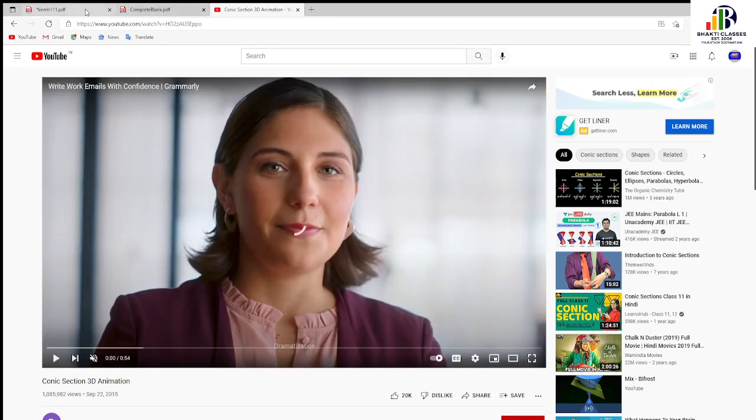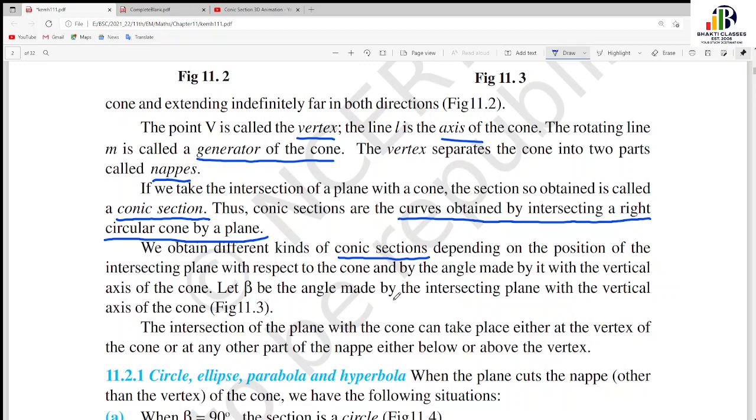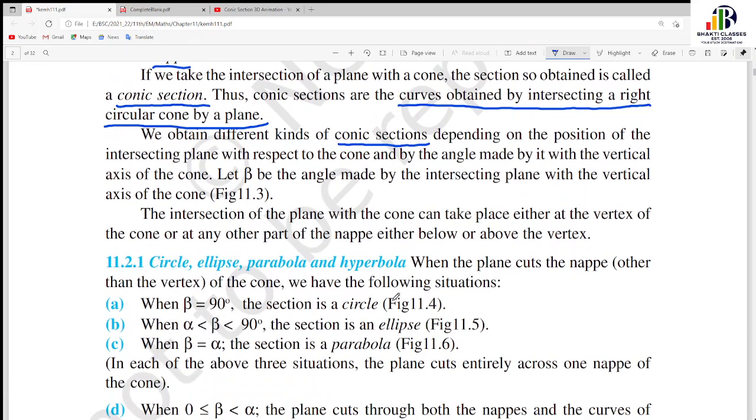So let us come to the book again. How we will get the circle, ellipse and parabola. When a plane cuts the nappe other than the vertex of the cone, we have the following sections. When beta is equal to 90 degree, the section is circle.